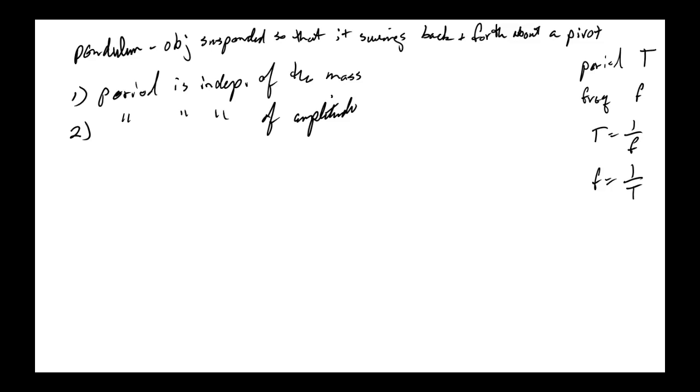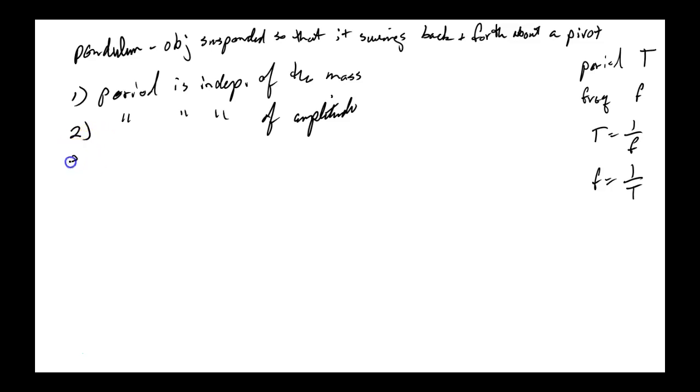In general, it doesn't, because it's independent of the amplitude. So just get it moving, and it should just keep moving at the same frequency, okay? Because of the period. Now, that is when the arc is less than 10 degrees. That's why I say most of the time. You don't want to swing it way up here because then you have other things getting in the way.